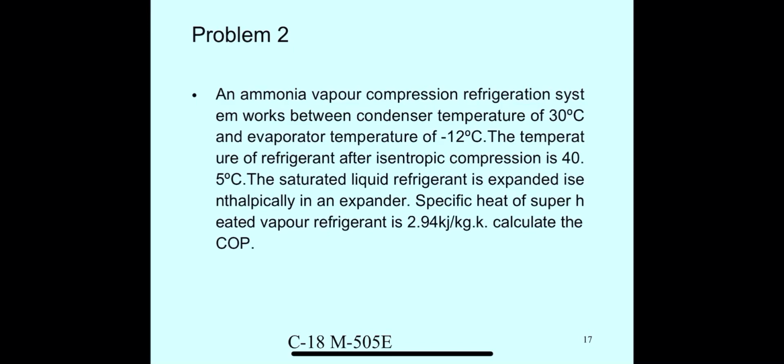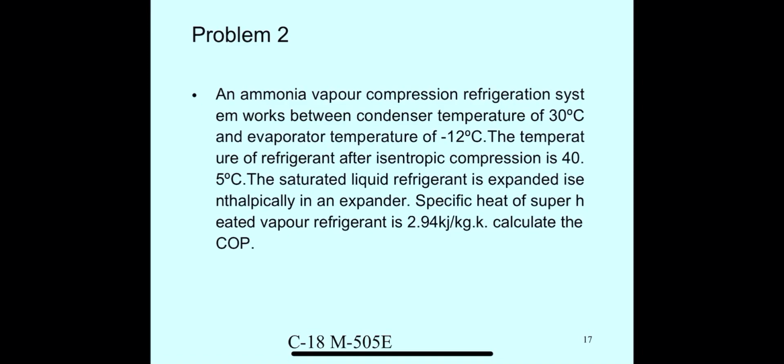Next, the next problem. An ammonia vapor compression refrigeration system works between a condenser temperature of 30 degrees centigrade and an evaporator temperature of minus 12 degrees centigrade. The temperature of refrigerant after isentropic compression is 44.5 degrees centigrade.